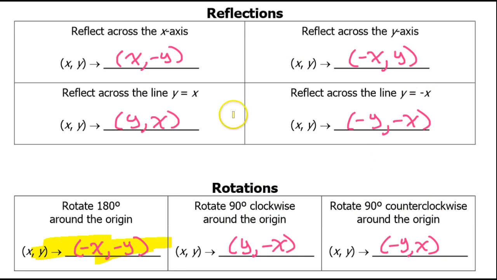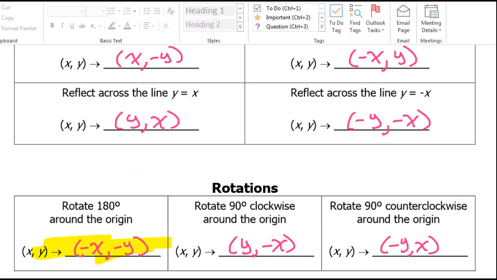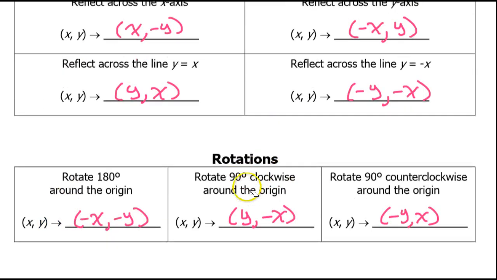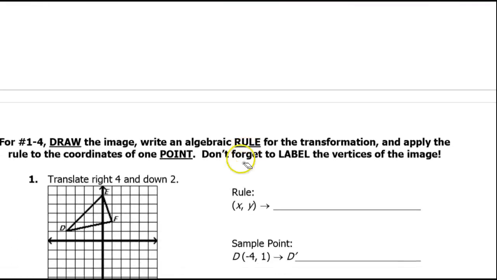The first one is positive, and then the next one's negative. All right, so you just have to memorize these 7, and you're golden. So make sure you have this written down and commit it to memory.